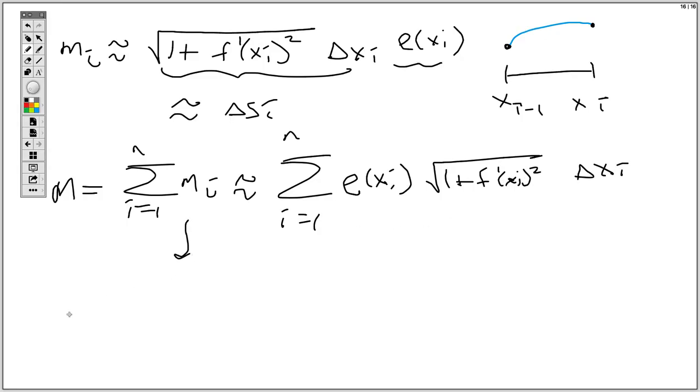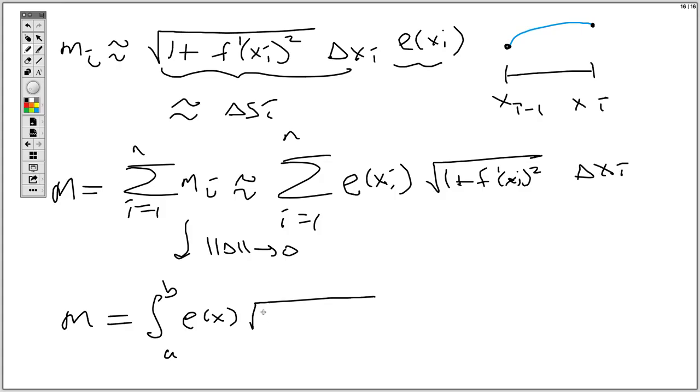And now we do what we always do. Take the limit as the norm of the partitions goes to 0. The summation is going to turn into an integral. We chop the interval a to b up. The function I'm sampling is rho of x times the square root of 1 plus f prime of x squared dx. And that would be our mass.